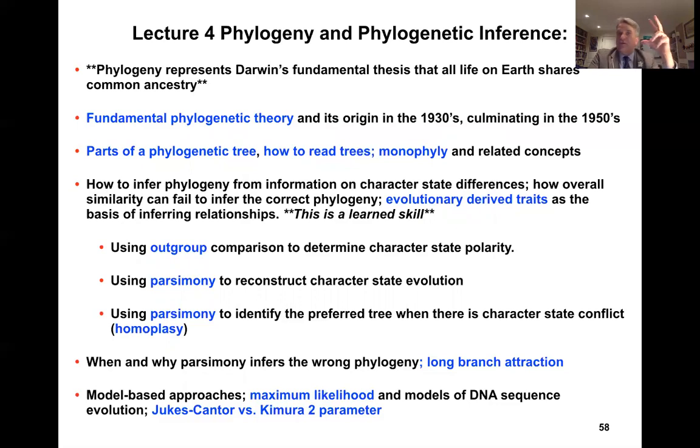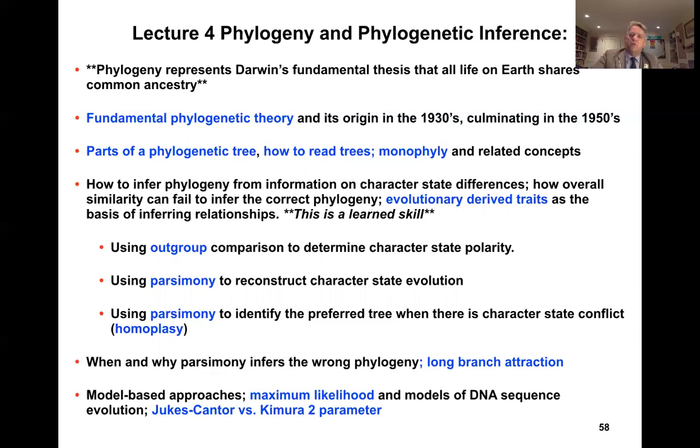That phylogenetic systematics is fairly new to evolutionary biology relative to when Darwin introduced this idea. I would say roughly about 100 years after Darwin's book was published. You should think about the parts of a phylogenetic tree, how to read a phylogenetic tree, think about monophyly and those related concepts. You should know how to infer a phylogeny from information on character state differences.